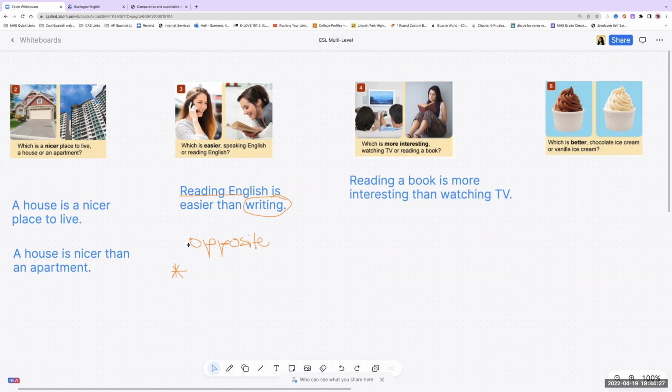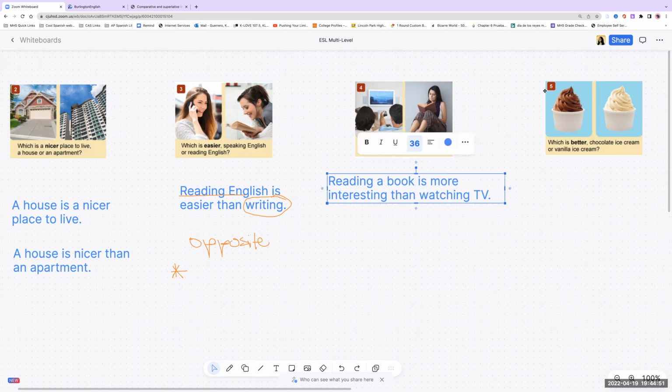Just like what I said with number 3, I want you to write the opposite. So if we look at number 4, which is more interesting, watching TV or reading a book? Here, my response is reading a book is more interesting than watching TV.